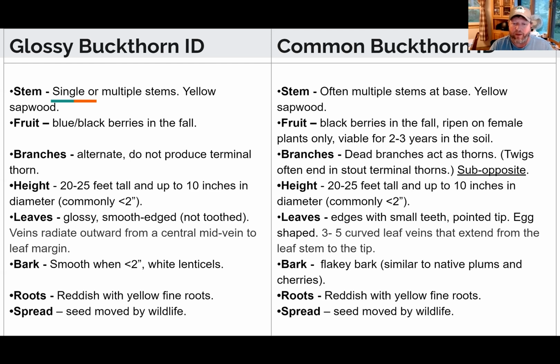The bark can be very similar at a smaller size, less than 2 inches, but when they get a little bigger, the bark can get pretty flaky on common buckthorn. It's similar to native plums and even cherries, like black cherry bark. And then the roots on both these plants can be reddish with yellow fine roots, and the seed is often moved by wildlife, primarily by birds. Next slide, please.